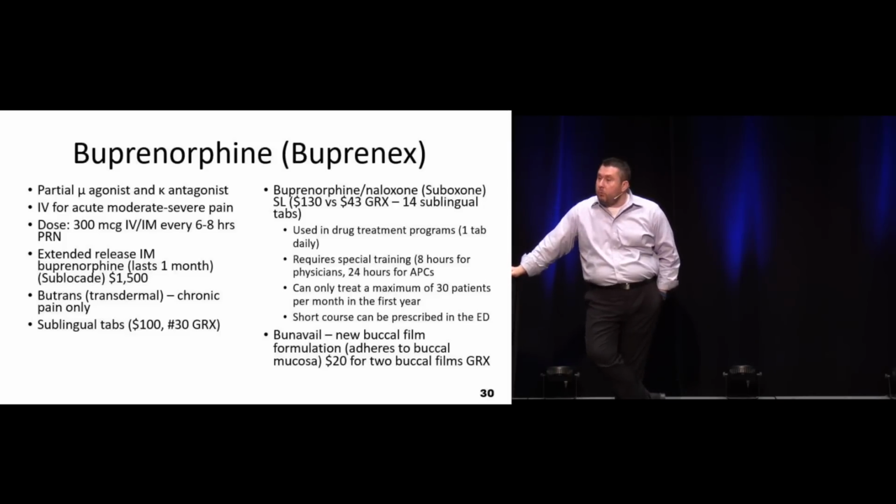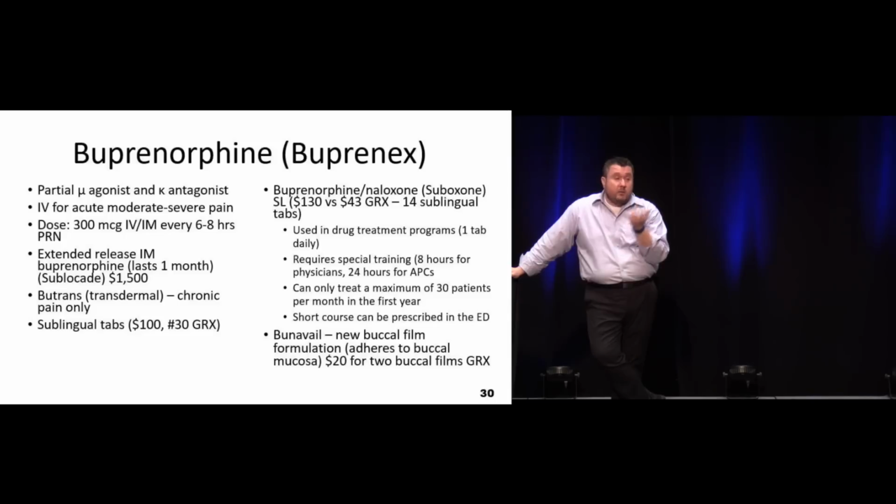But buprenorphine is a pretty good pain medicine for acute pain, and definitely is sometimes used instead of methadone for pain programs. And probably the nice thing is it does give us that mu effect without a lot of the other significant complications because it's not a full agonist.